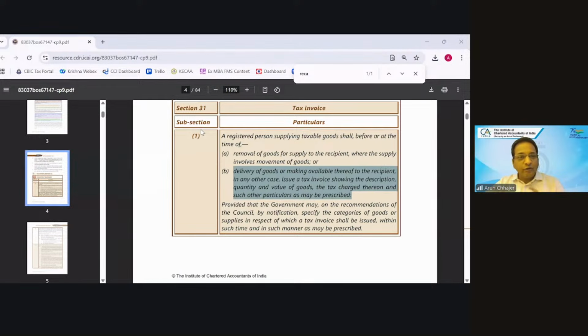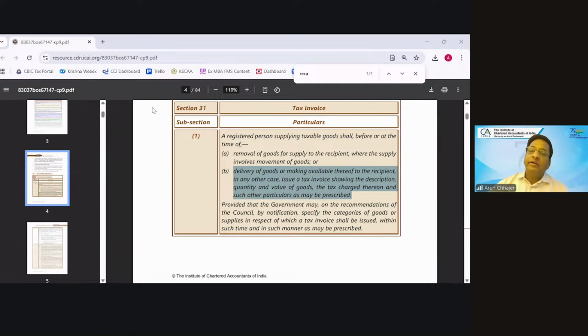See, I know that property will not move. Then why are you saying it is not the example? Oh, because if I refer to the definition of goods, which talks about movable only, it means goods are movable, but as a result of supply, it does not involve the movement.